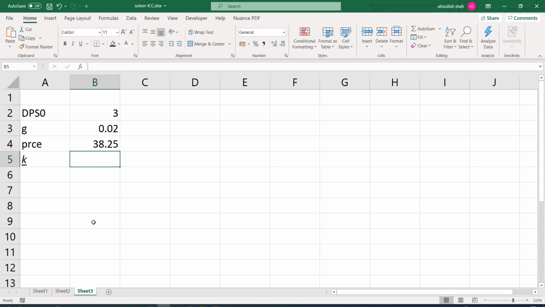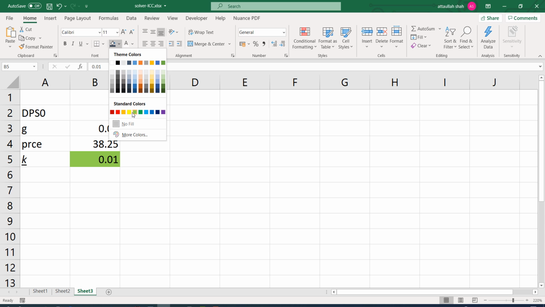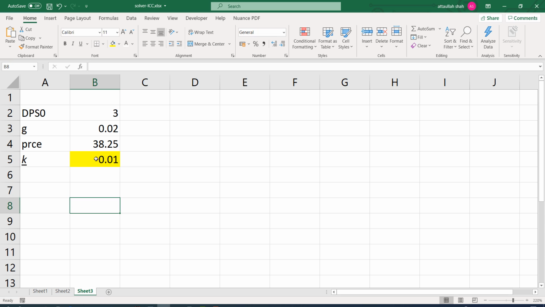Okay, so initially let's write something like, say the k is 0.01. We don't know it, but we shall try to find it with the help of the solver. So I'm writing this as 0.01. What is the equation for finding share price?